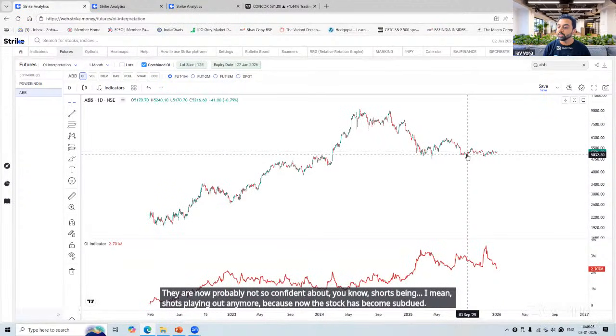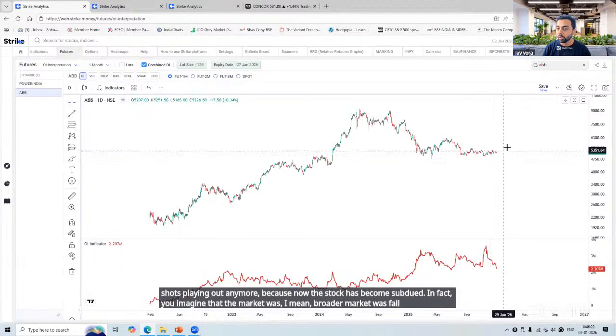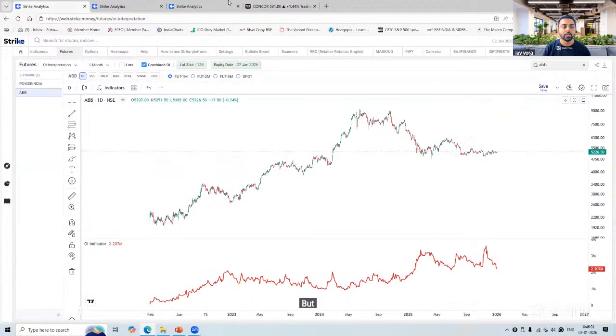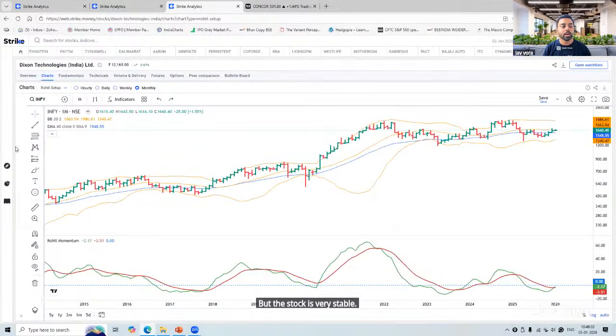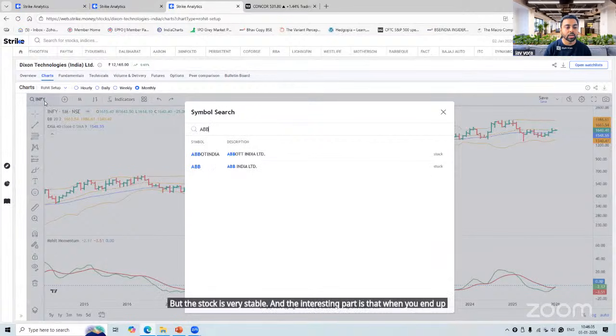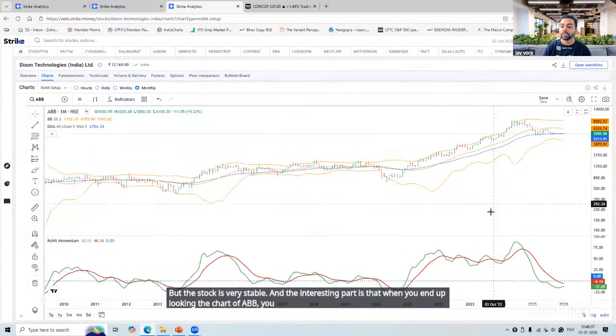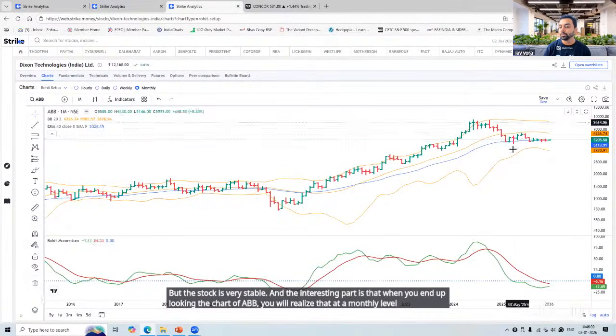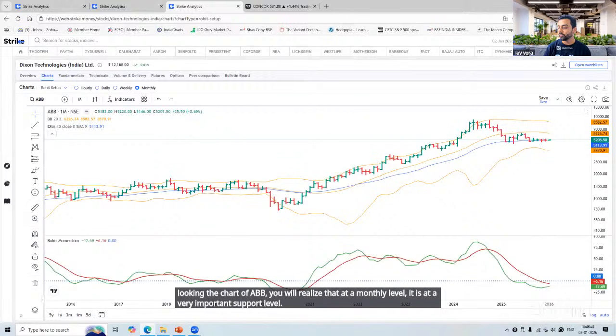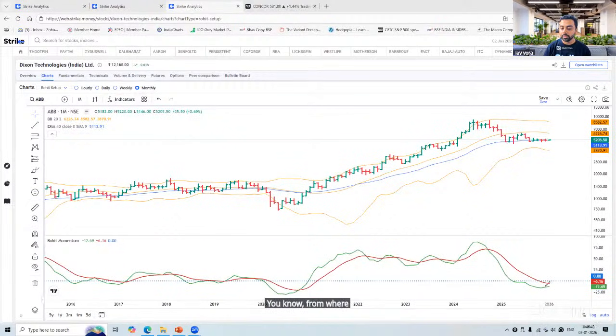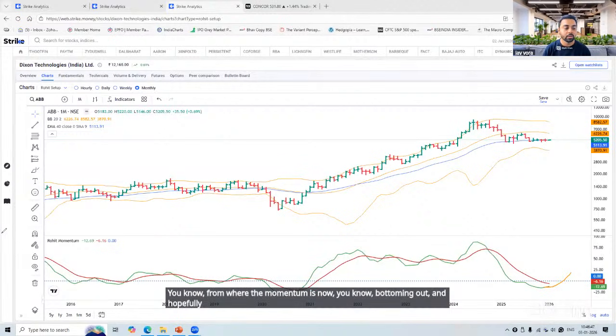In fact, imagine that the broader market was falling, but the stock is very stable. And the interesting part is that when you look at the chart of ABB, you will realize that at a monthly level, it is at a very important support level, from where the momentum is bottoming out, and hopefully it can see some turnaround as well.